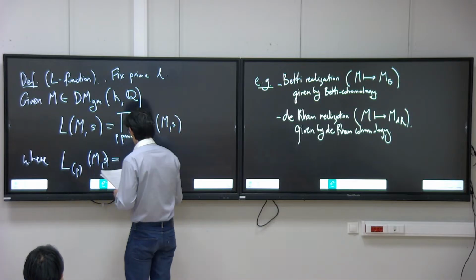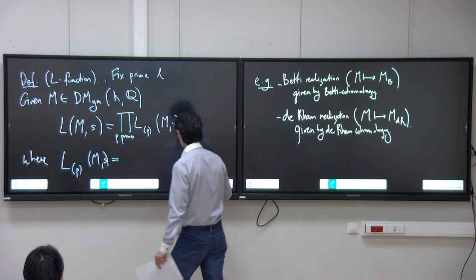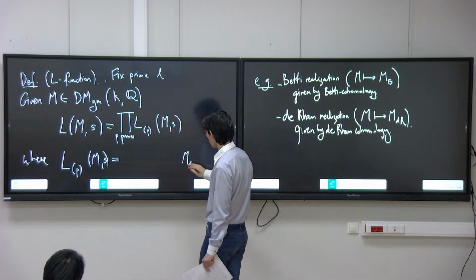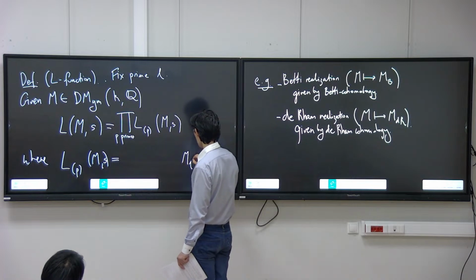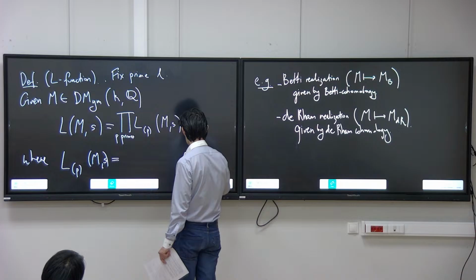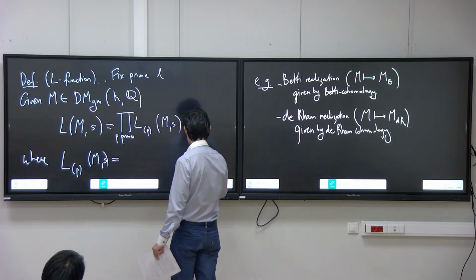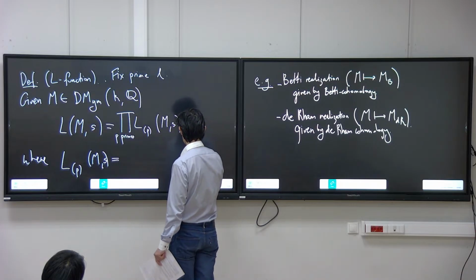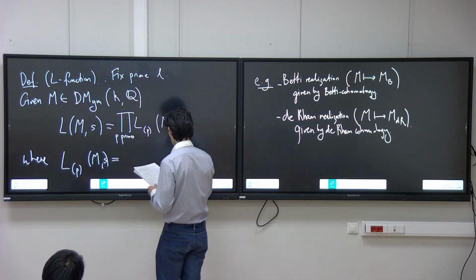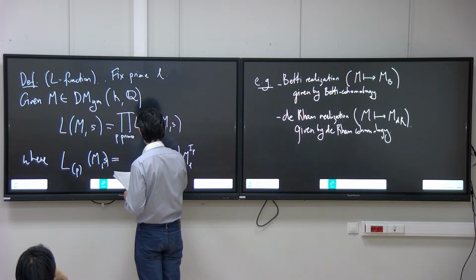So I have my l-adic realization, which is some Galois representation, and I can take the inertia group invariants, and in that way, I have Frobenius acting on it.